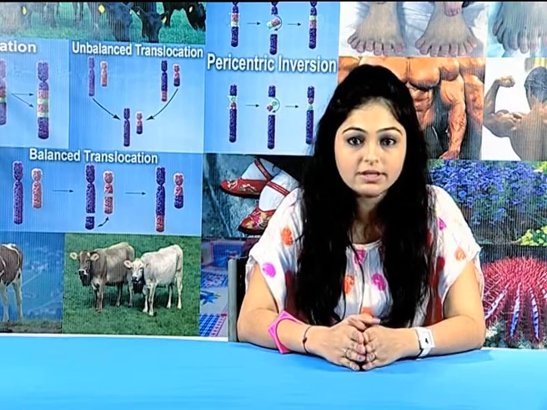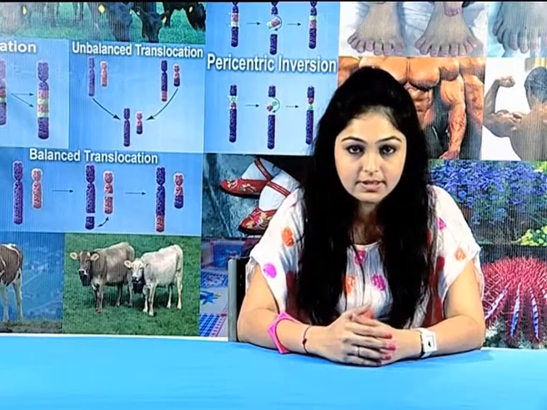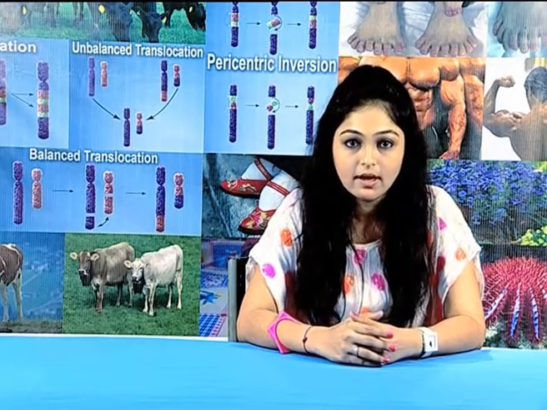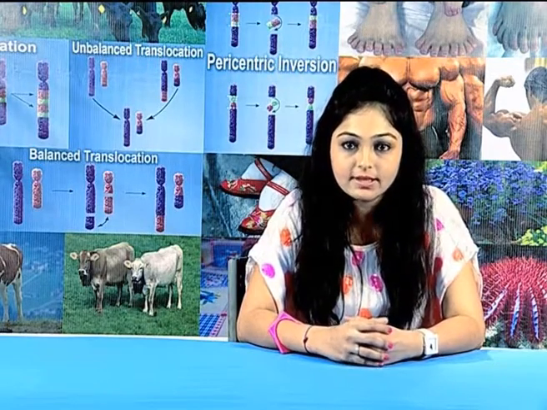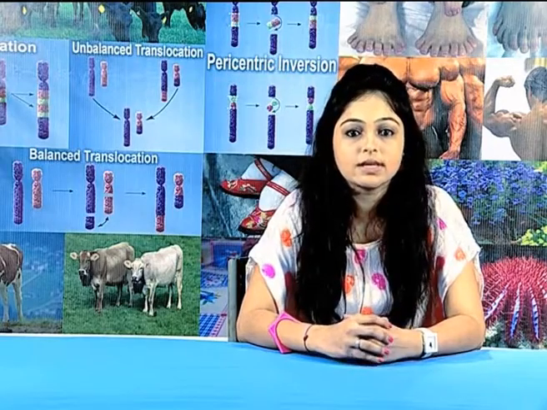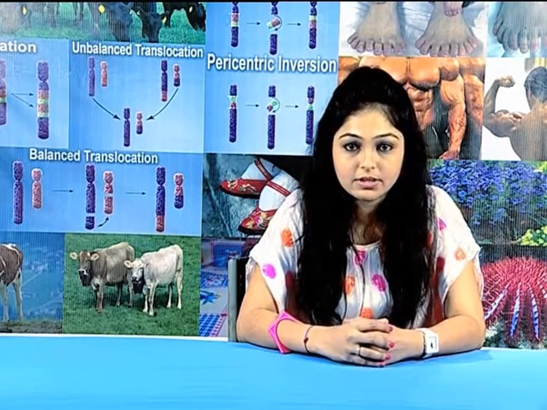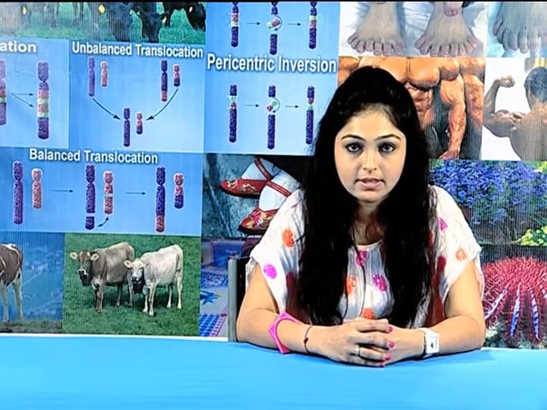Variations are morphological, physiological, cytological and behavioral differences amongst the individuals of the same species and the offsprings of the same parents. Hence, no two individuals are similar. Amongst various kinds of variations, the genetic variations are of evolutionary significance.